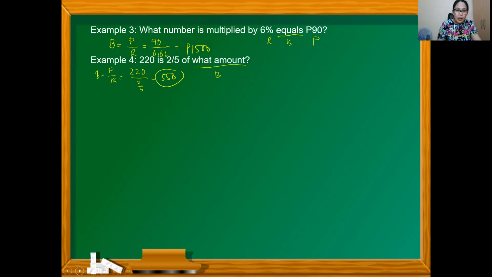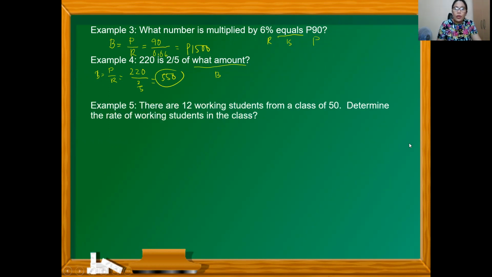And then for number 5, there are 12 working students from a class of 50. Determine the rate of working students in the class. So very clearly, R is asked in the problem. And R is equal to percentage all over the base.